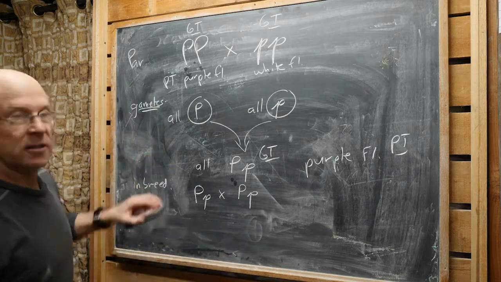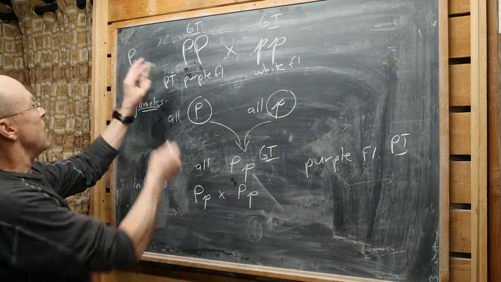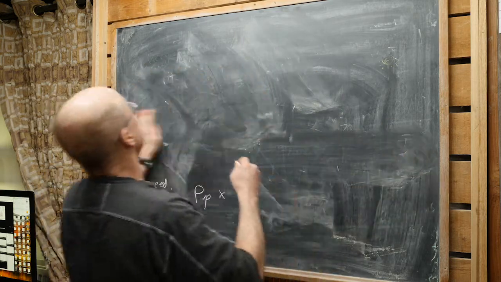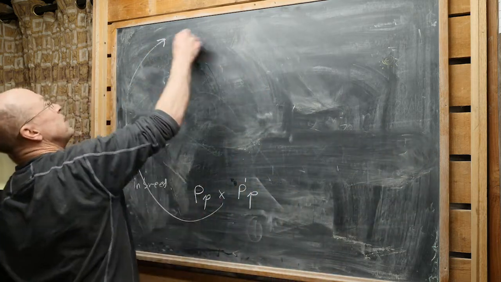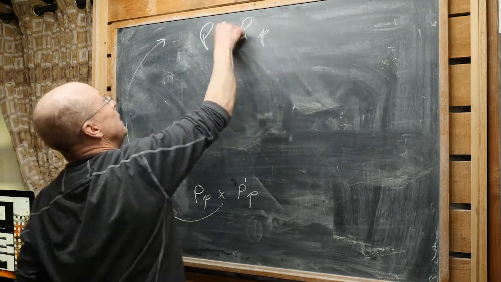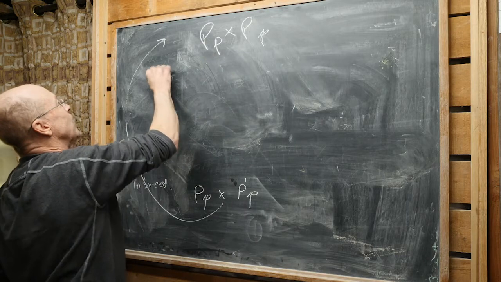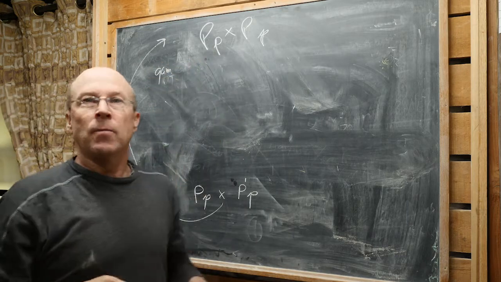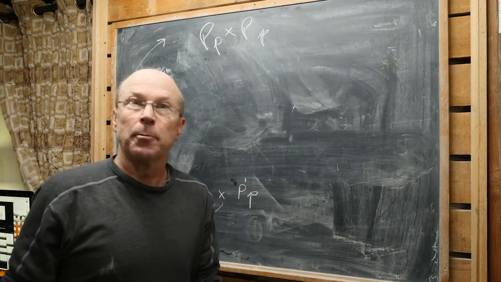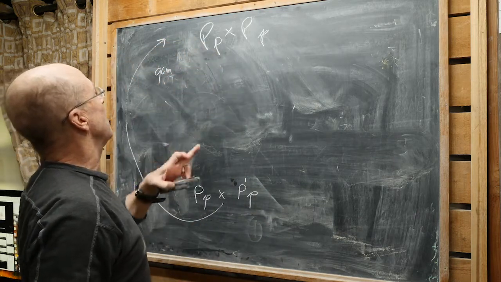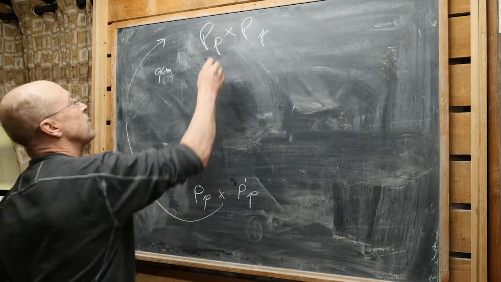I'm going to erase the top of the board so we can follow this up at the top. So now, up to the top: big P, little p, big P, little p. This is our cross. Now, for gametes for this particular cross, this is going to be a 50-50 thing. Meiosis is going to produce half of the chromosomes with the big P and half with the little p.